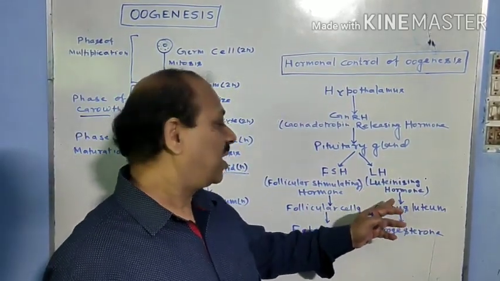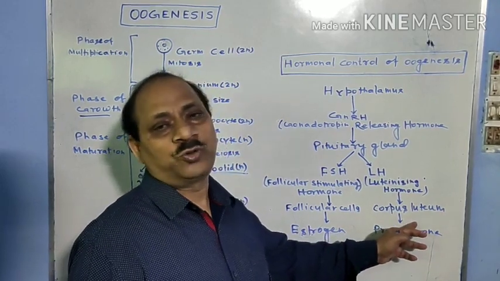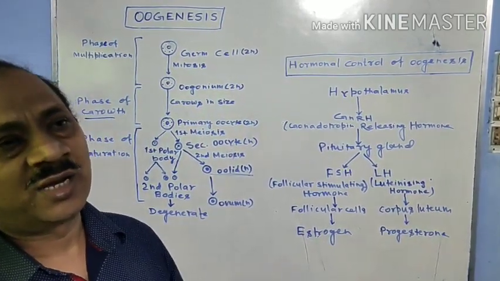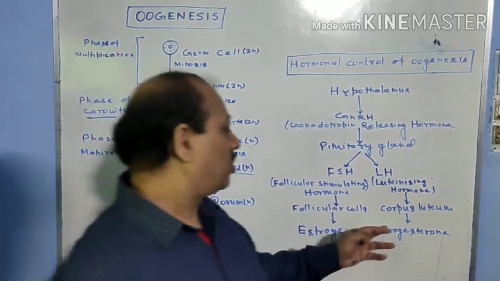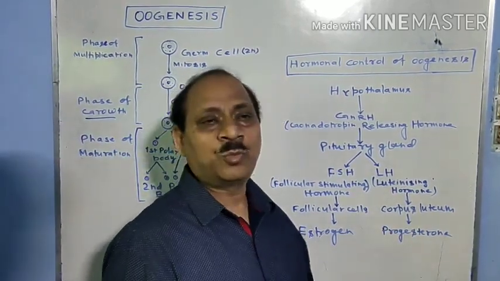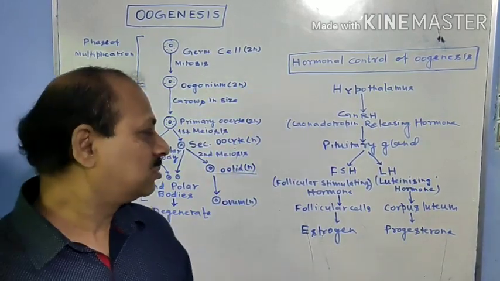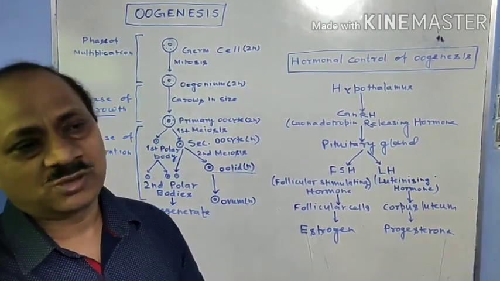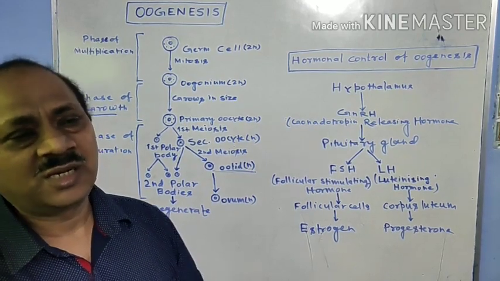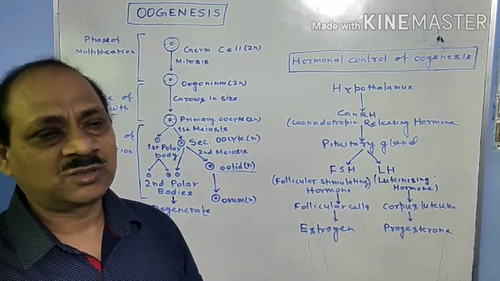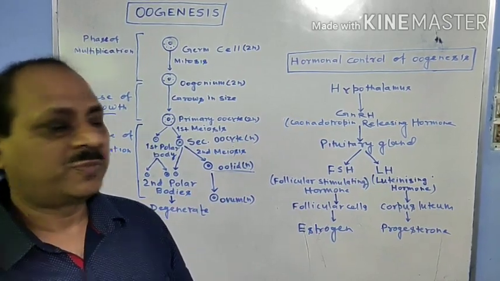LH stimulates the corpus luteum. Corpus luteum is an endocrine gland which secretes a hormone known as progesterone. Progesterone is secreted during pregnancy and it maintains pregnancy, so it is also known as hormone of pregnancy.